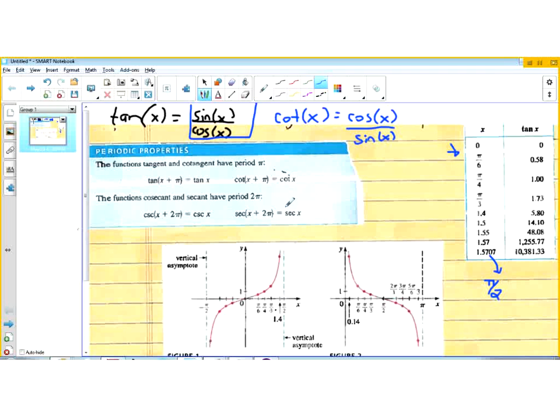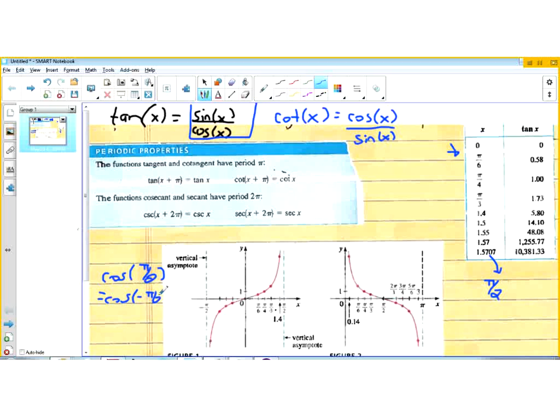That makes the vertical asymptotes. If you recall from the first lecture of the class, the vertical asymptotes will occur where the denominator is equal to 0. And we know the cosine function is 0 at x equals pi halves. And since the cosine function is an even function, we know that the cosine of a number must equal the cosine of the negative of the number.